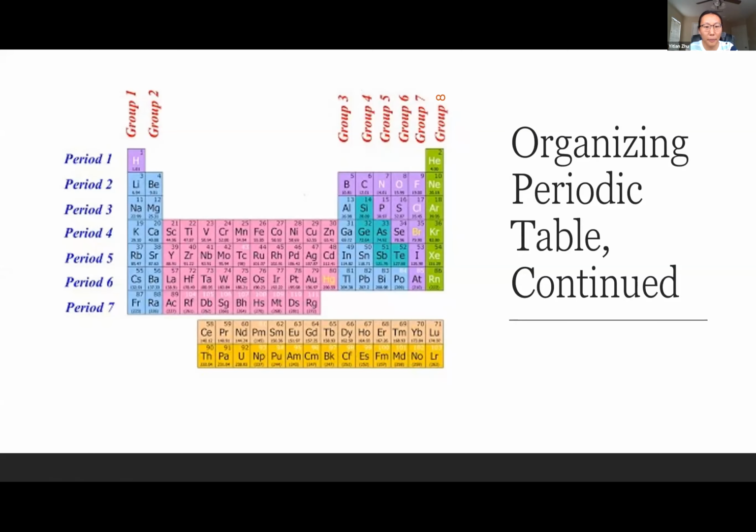And also very frequently elements in a group have similar properties. However, group is not the only determinant of an element's properties. So say you have carbon and lead, although they both have 4 valence electrons, they are very different.